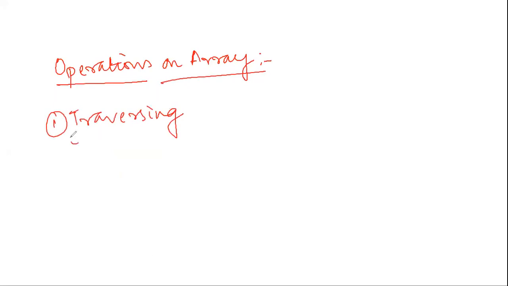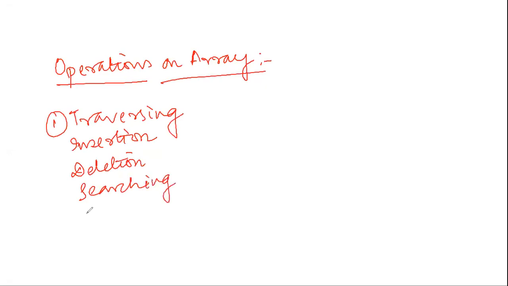The second operation is insertion: we can insert any element at any location of an array. Next is deletion: we can delete any element from any location of an array. Next is searching: we can search for any element to see whether it is present in an array or not.